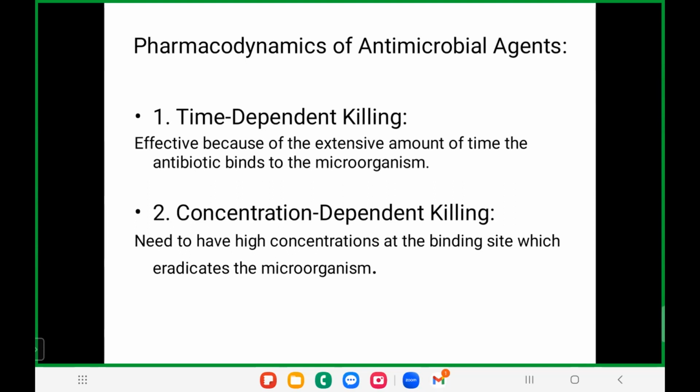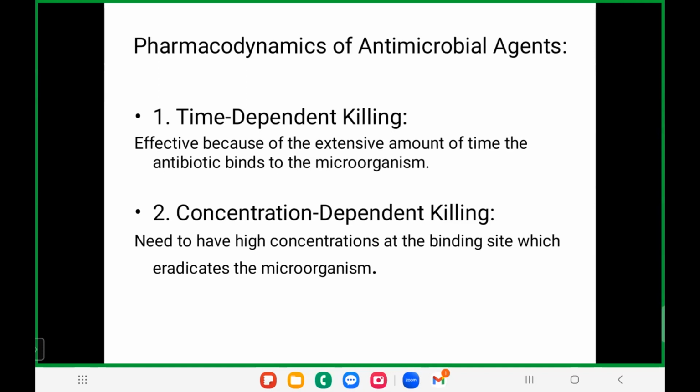These are the 2 types of antimicrobial agents available, and there is a third type that is a combination of both. They need time as well as concentration. It's a 3rd spectrum of antibiotics. So time-dependent drugs work when they have more time to bind the organism. Concentration-dependent drugs don't need time, but they need high concentrations to bind the organism for induced killing.